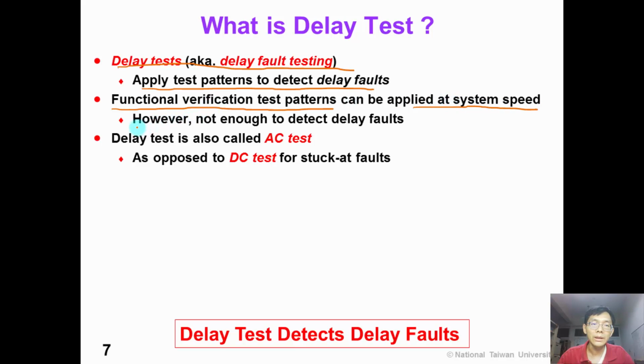However, from a testing point of view, functional verification test patterns are not good enough to detect delay faults. To apply delay test, we need to run the tester at high speed. So delay tests are also known as AC tests, as opposed to DC tests for stuck-at fault.